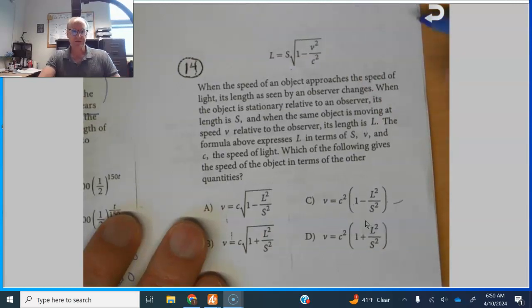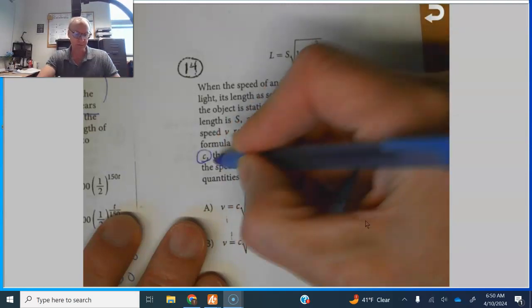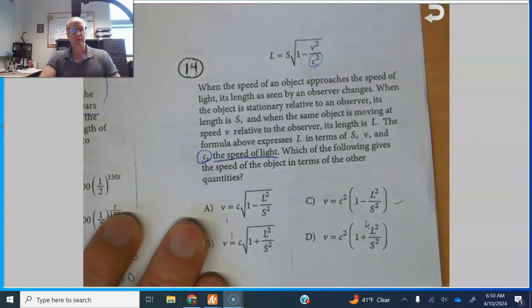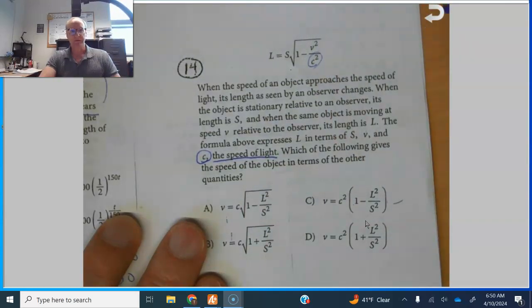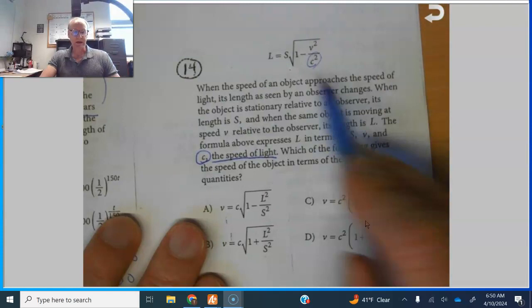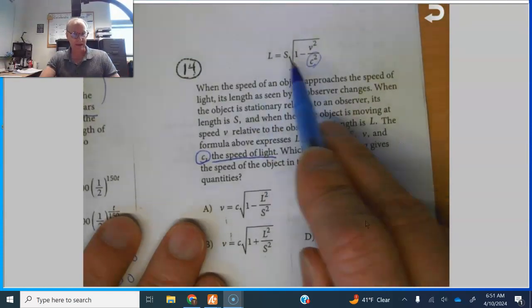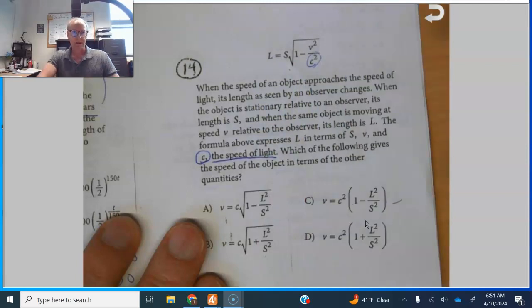All right, which of the following gives the speed of light in terms of the other quantities? And this time, we want to get C by itself, because C is the speed of light. We're solving for C. Now, in order to solve for C, your first step is to divide out that S on both sides. I'm going to get you started on this.